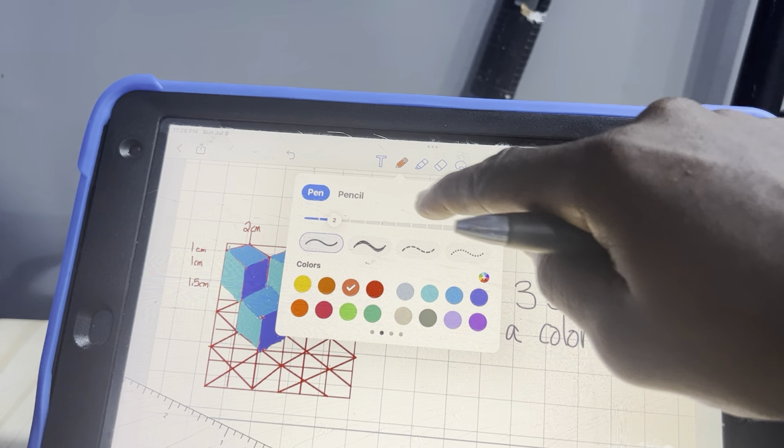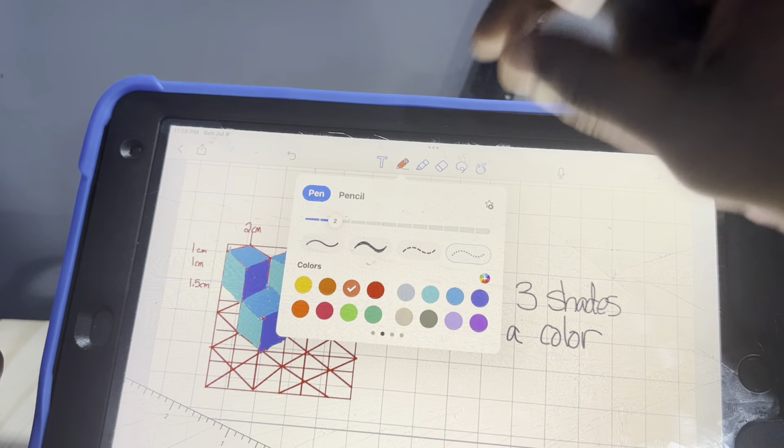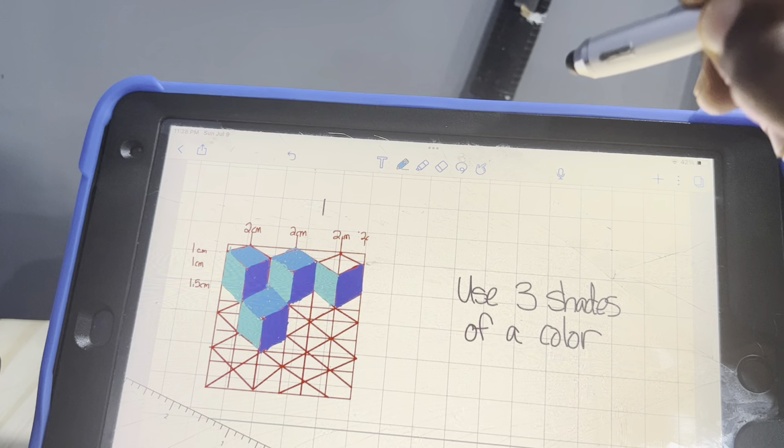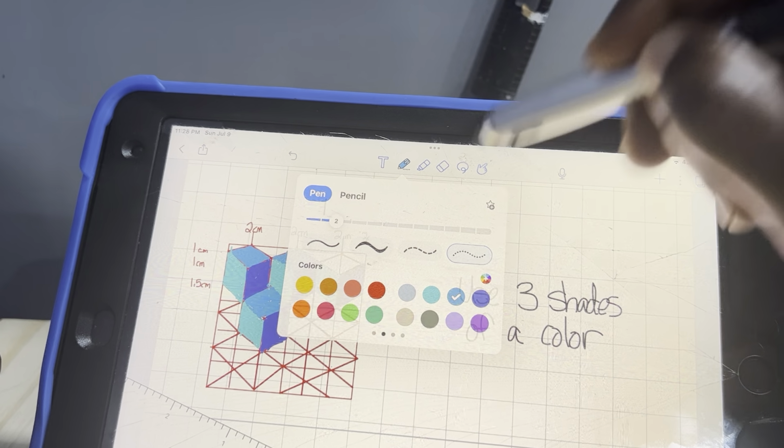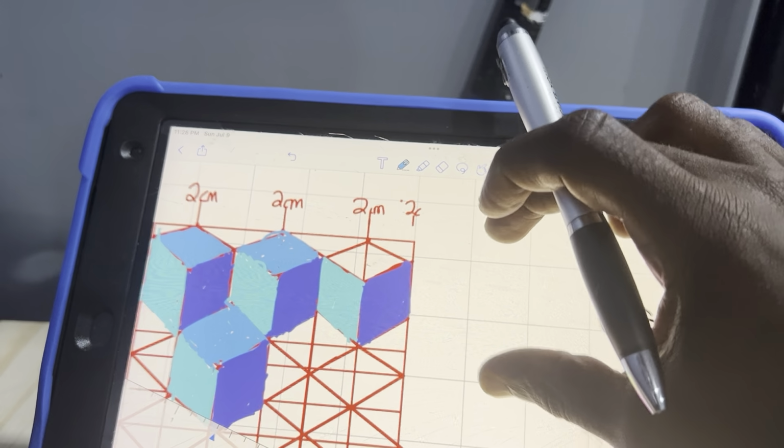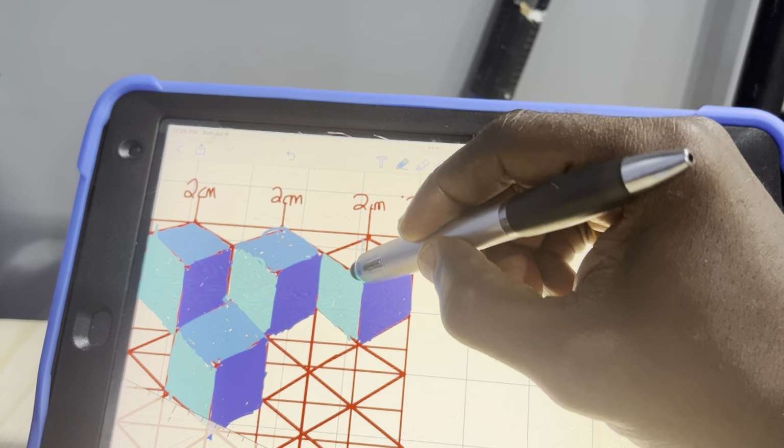Okay, so let's see, I'll use, yeah, that was my top, so I'll finish to show you guys.